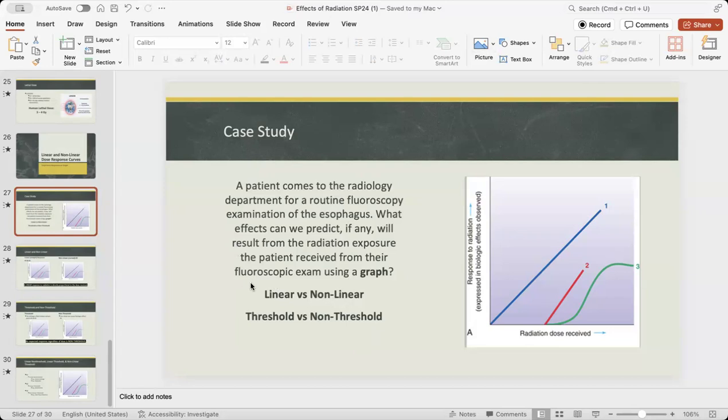Okay, so we have linear non-threshold, and we'll talk specifically about what linear non-threshold means. No effects will be seen. They will likely be late effects.